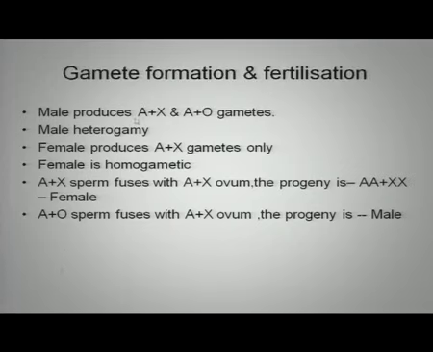Gametes: the male produces two types of gametes, again heterogamy, A plus X chromosome and the other with autosome only. Female produces only one type of gamete, autosome and X chromosome. So, female is homogametic.